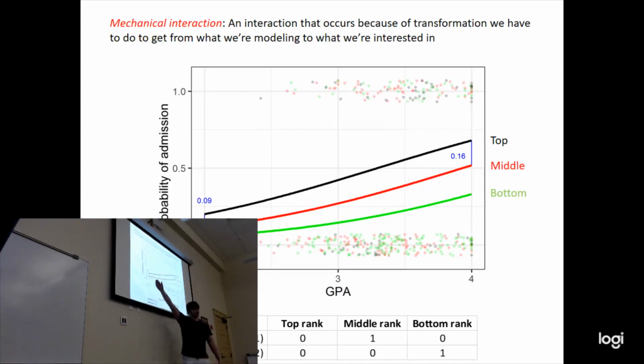So you might have a model where the logistic curve starts high and ends low, but then when you're looking at middle rank schools, it starts low and ends high. So that can never happen due to a mechanical interaction, but it can happen when you actually allow it to fit in an interactive model. Does that answer your question?